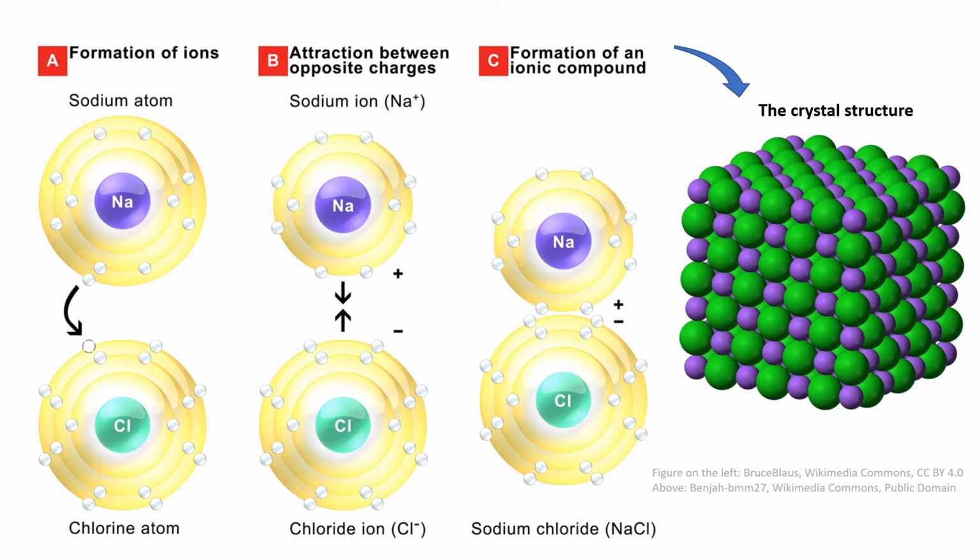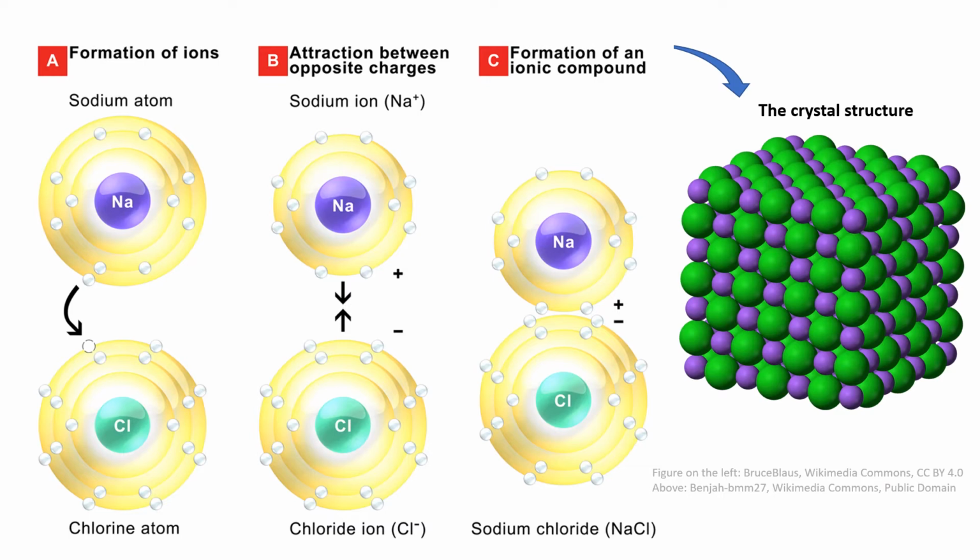With 1 electron stripped off, sodium with its 11 protons and only 10 electrons now has a net 1 plus charge. When an electron is added to chlorine, the 18 electrons produce a net 1 minus charge. The chlorine has become a chloride ion.